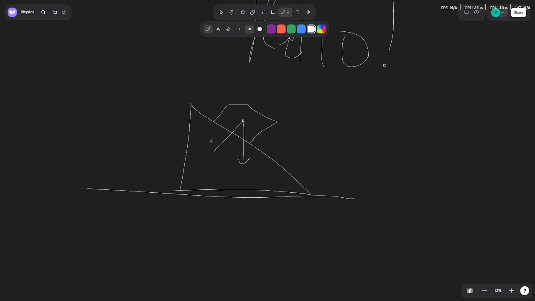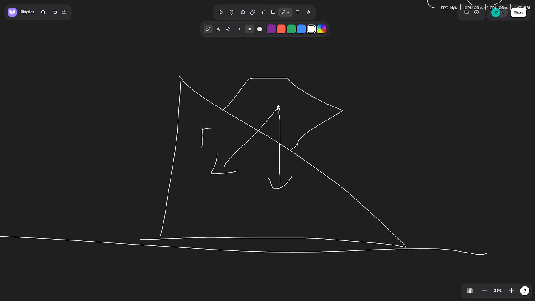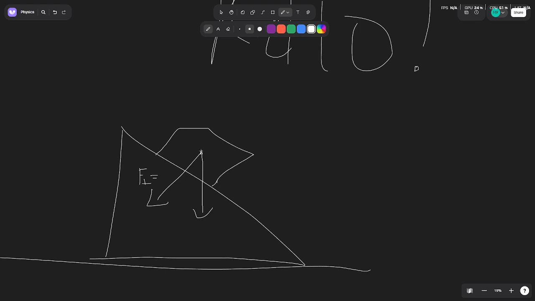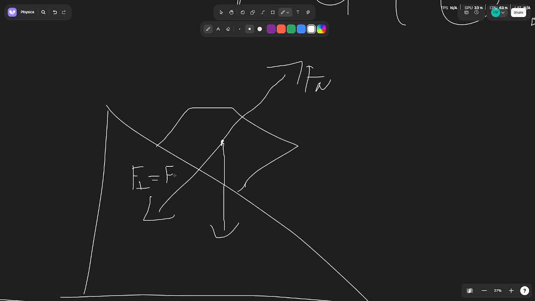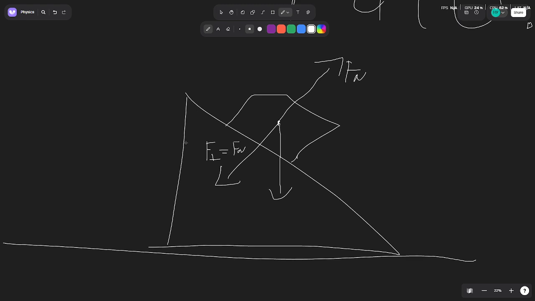Right, the perpendicular force. And it's represented like this. And it also equals the normal force. And if you don't apply any force on the y-axis, they both will equal 0, right?